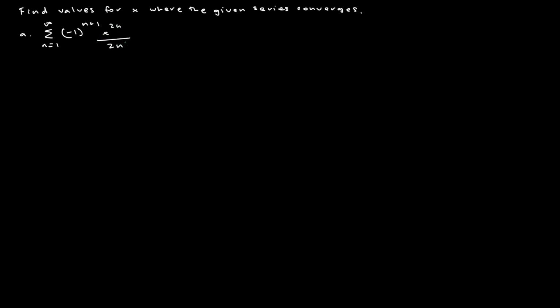And so the first thing that you probably want to do when you see a series is to understand the behavior for small n. So for small n, the first term when n is equal to 1 is x squared divided by 2. Then you have a negative term since you have this negative 1, and that's x to the power 4 divided by 4, plus x to the power 6 divided by 6, and so on.